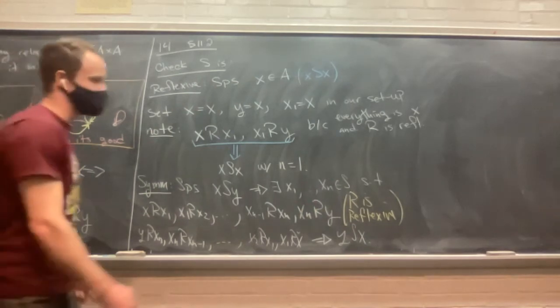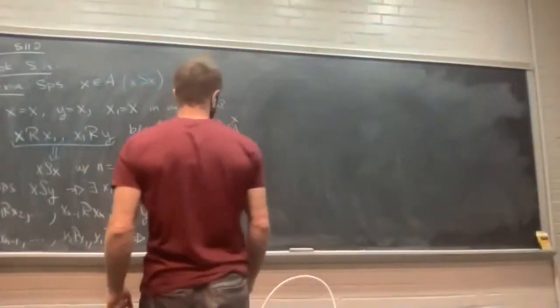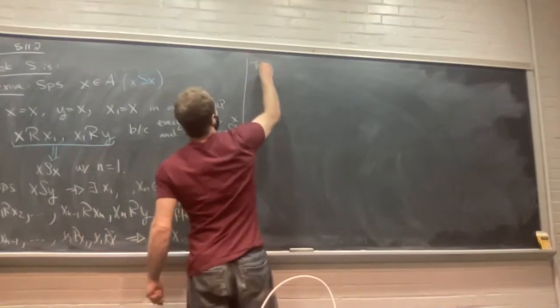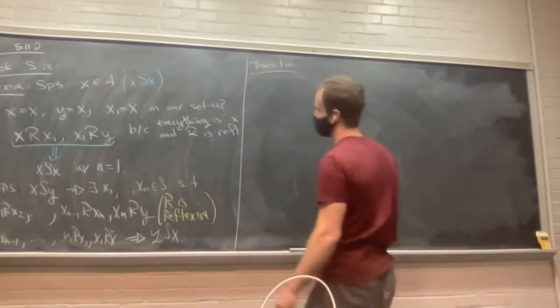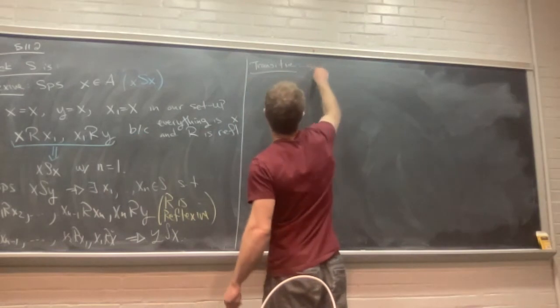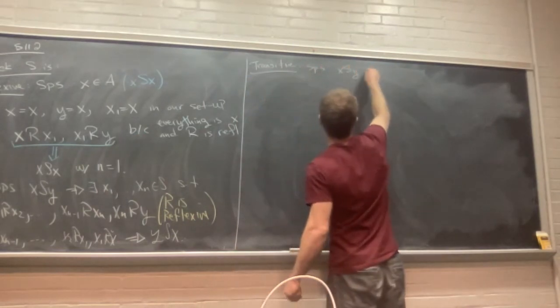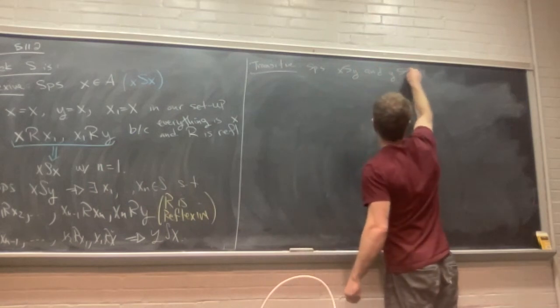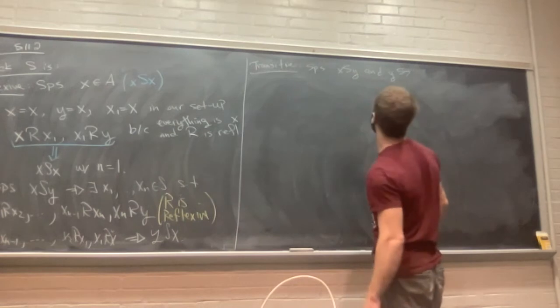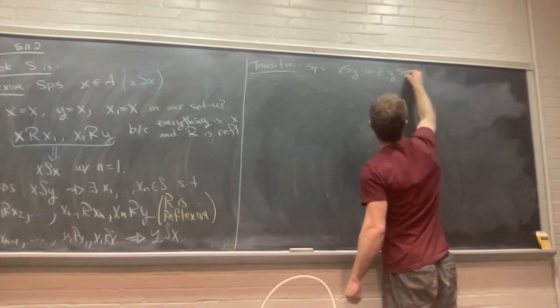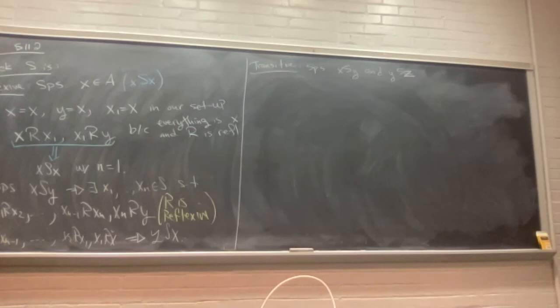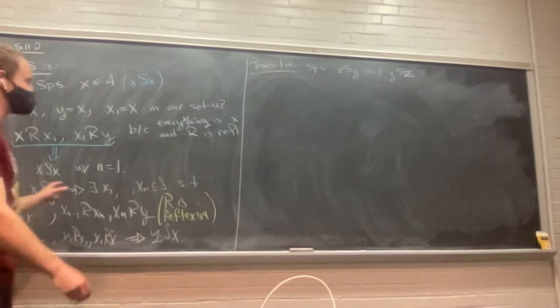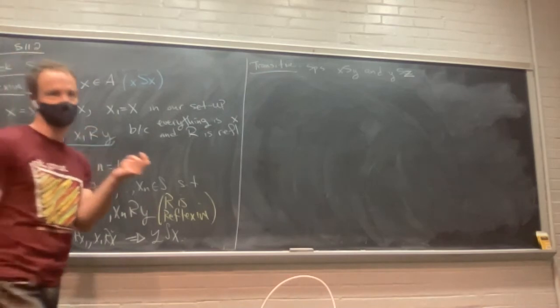Okay. So let's look at transitivity. So let's suppose X is S related to Y and Y is S related to Z. And then what we want to show is that X is S related to Z. Okay, but let's use the definition of this S relation.